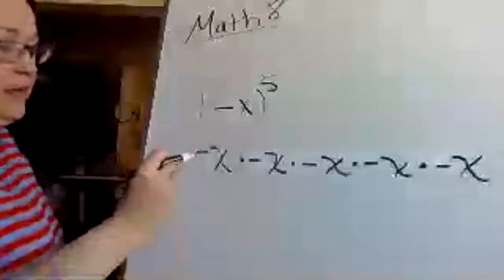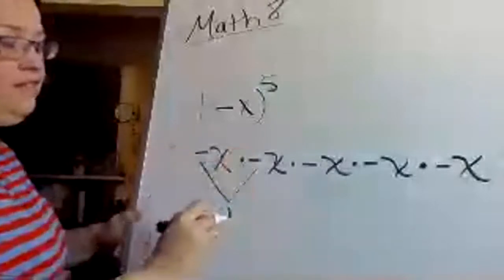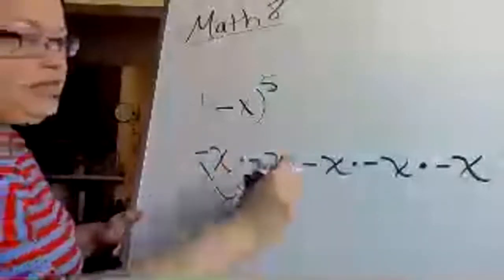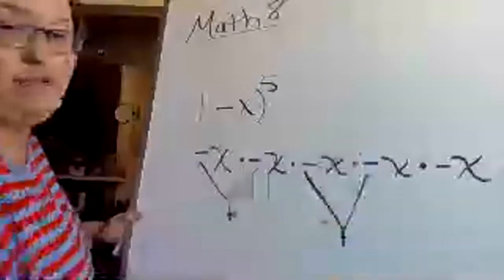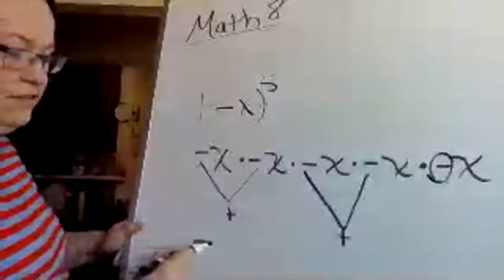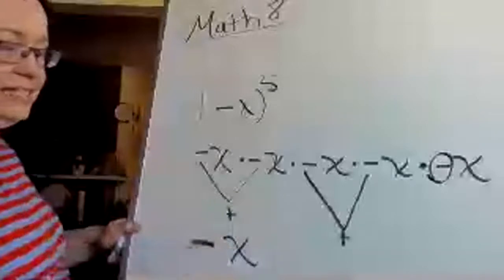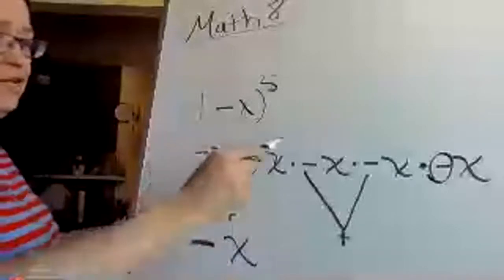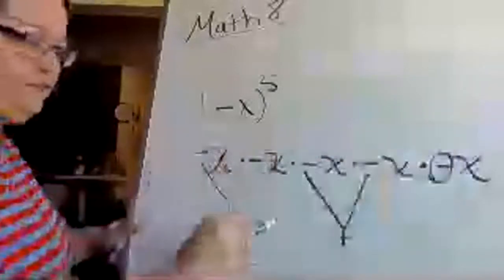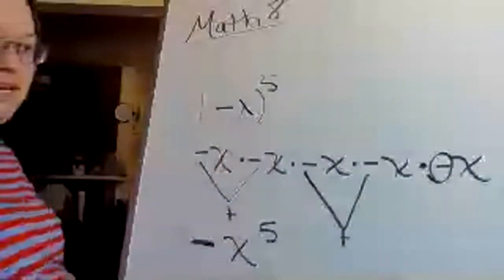So this is the same thing as saying negative times a negative, which is a positive, negative times a negative, which is a positive, and then an extra negative. So that means my answer is going to have a negative on the front of it. Then the x's, there's 1, 2, 3, 4, 5. So the answer here comes out to a negative.